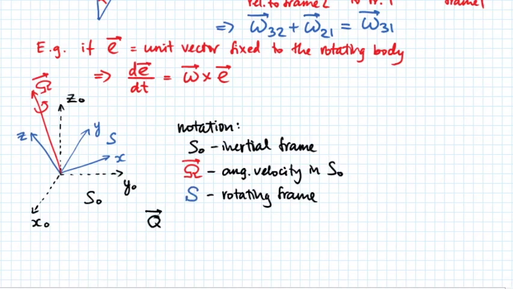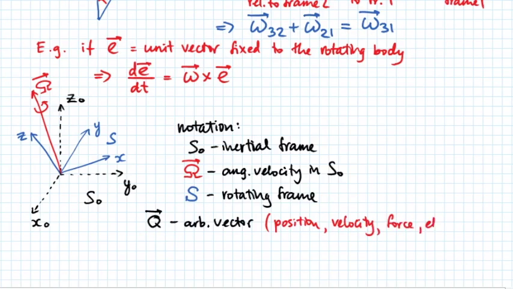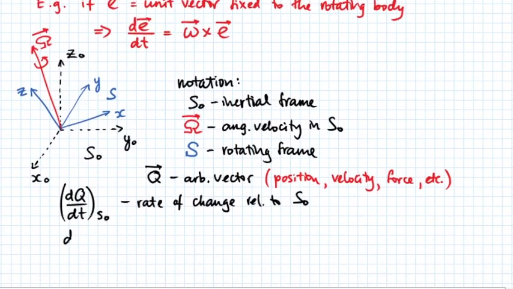Let's consider some arbitrary vector q. This could be anything, for example, position or velocity, force, etc. Our job is to relate the rate of change of this vector relative to inertial frame and change of the same vector with respect to time relative to rotating frame.